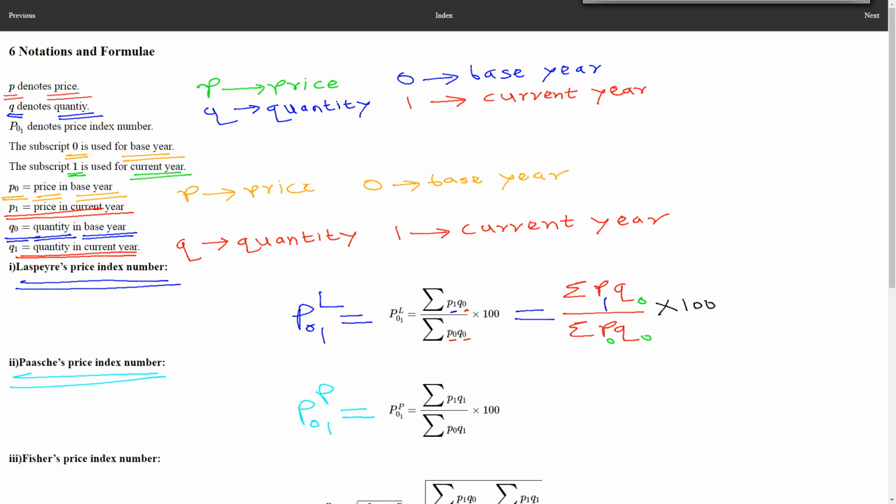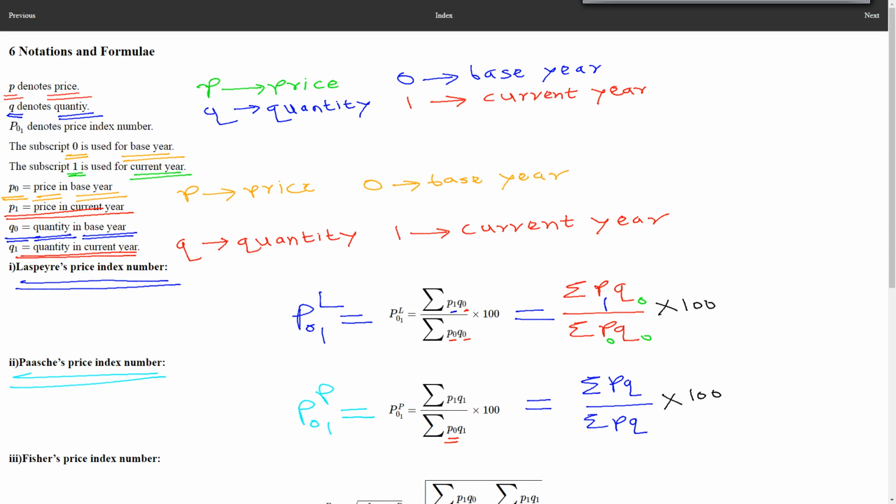Again, there is a trick to remember this formula. Observe that the only subscript which is 0 is the price in the denominator. All other subscripts are 1. So you may remember the purchase price index number formula in this way: summation PQ upon summation PQ, into 100, as we want the answer in percentage.